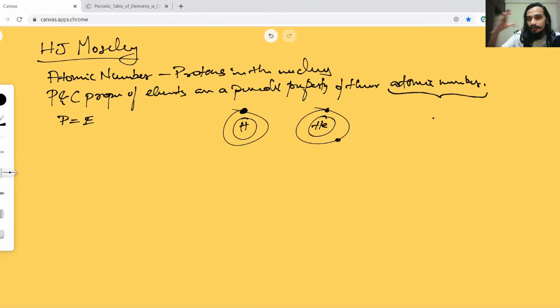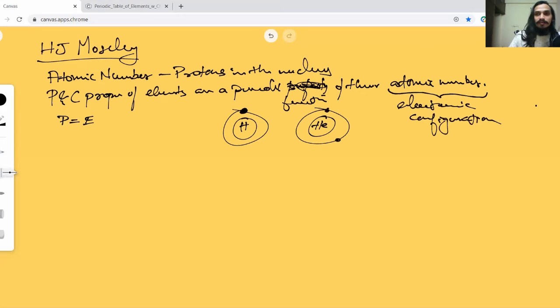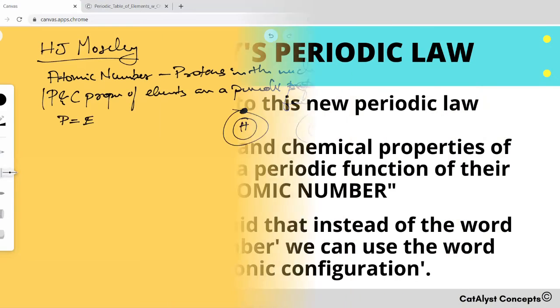So a slight further advancement is that the physical and chemical properties of elements are a periodic function of their electronic configuration. We can talk about it in both ways, but the statement is with atomic number. Based on this, they slightly modified the periodic table and made a new modern periodic table.